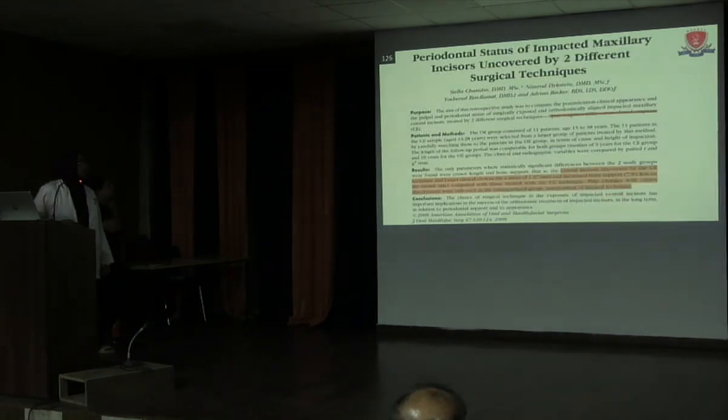Next, the periodontal status of impacted maxillary incisors uncovered by two different surgical techniques. In this, the open and closed eruption techniques were used, and the central incisors uncovered by the open technique had longer clinical crowns and decreased bone support compared with those treated with the closed technique. They said that pulp changes with crown discoloration were only seen in the trauma-related group, independent of the surgical technique.